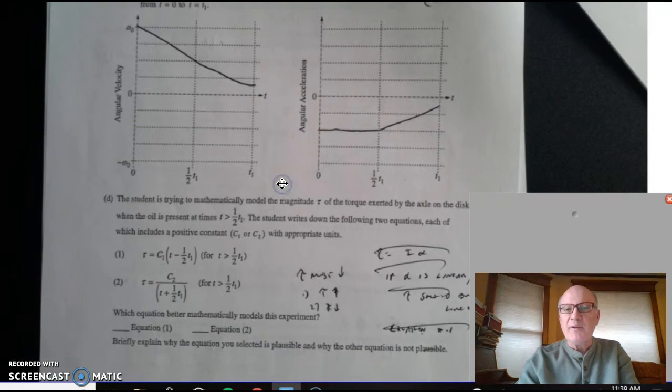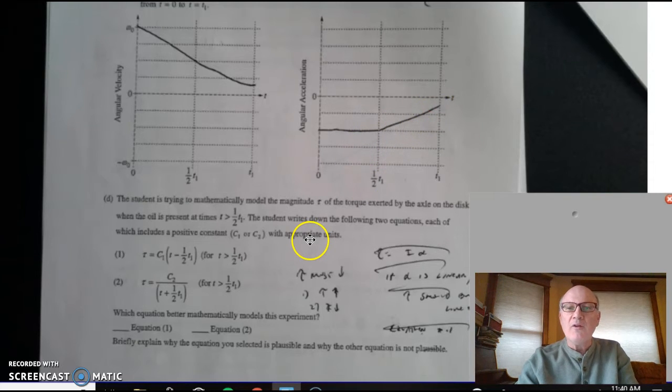Okay, last question here. I found this to be a little bit puzzling at first. There's two possible answers given to describe the torque. The torque would be constant during this time, but of course then the torque would be changing during that time, and the torque should decrease.